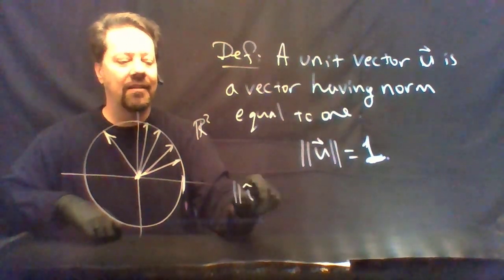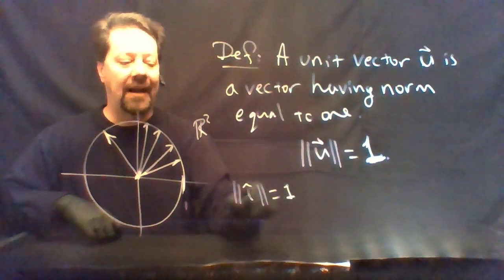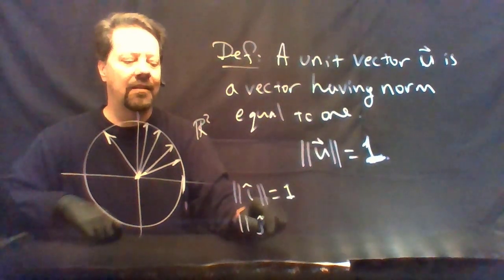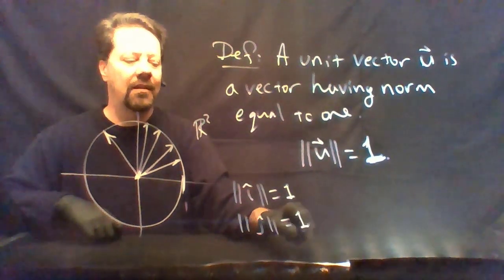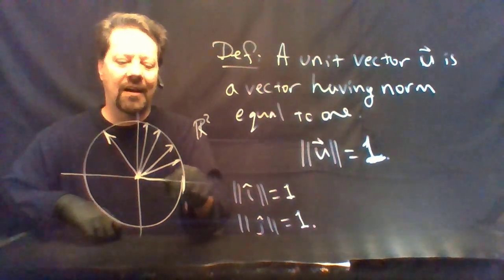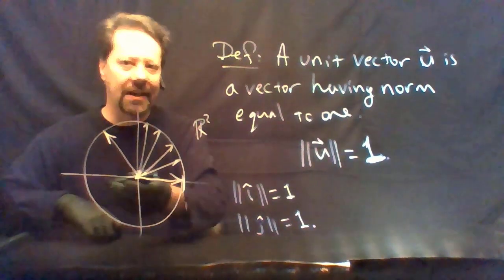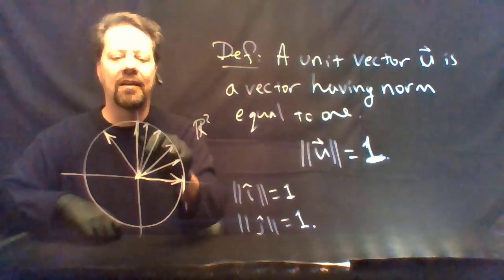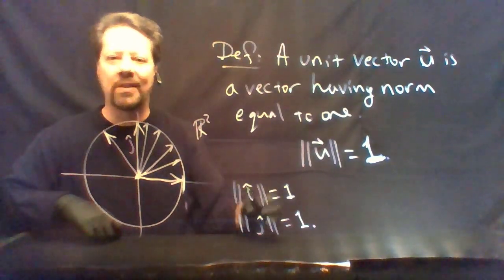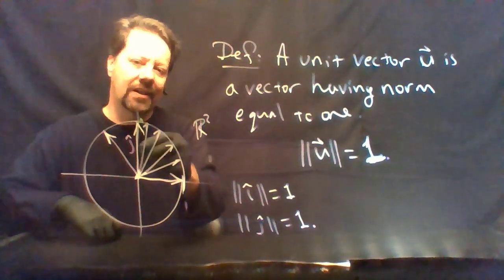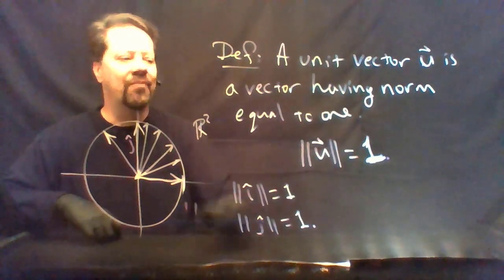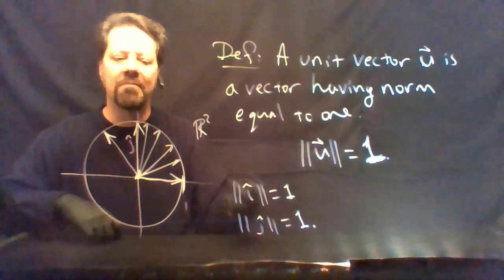Note that i is a unit vector, and so is j. i points one unit into the direction of the positive x-axis, and j points one unit into the direction of the positive y-axis. They're both unit vectors, but there are many other unit vectors.